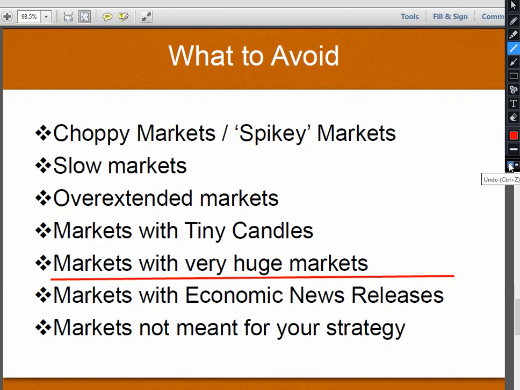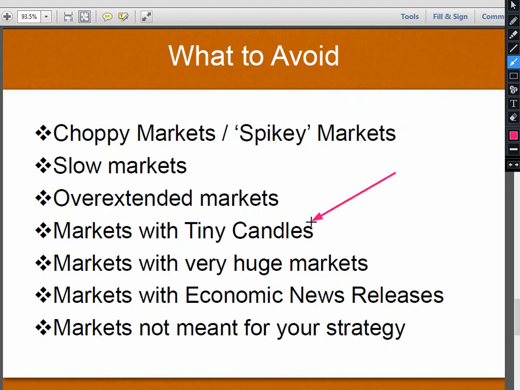All right, so then we look at another thing you need to consider: markets with tiny candles. If you see very small candles, dojis, spinning tops, high wave candles, yeah, try to avoid, or maybe markets with long wicks, up and down, avoid such markets. I meant markets with what? Huge candles.